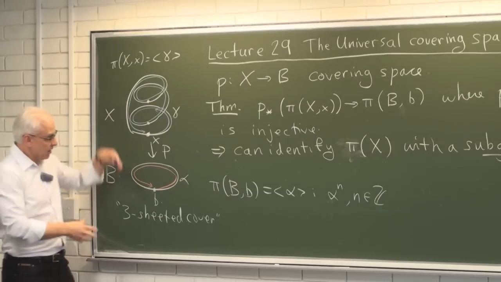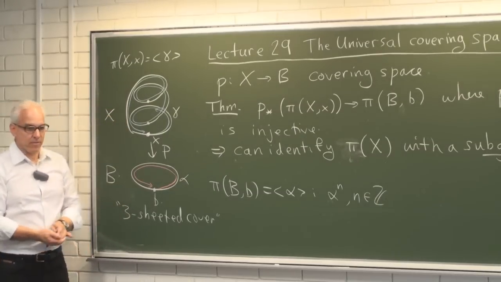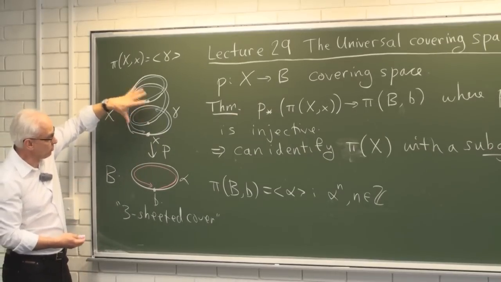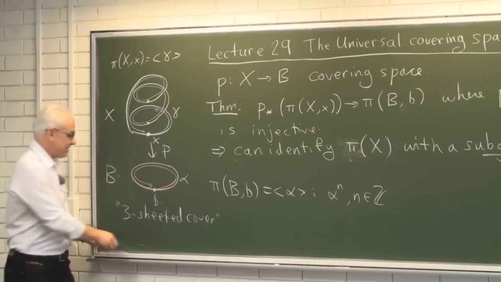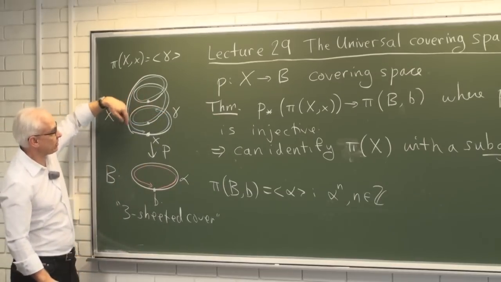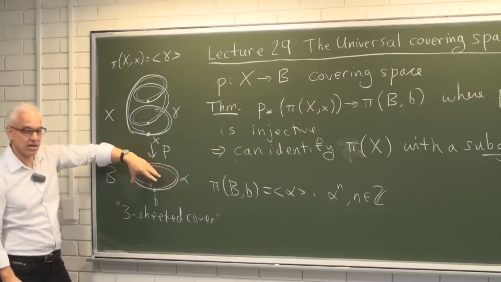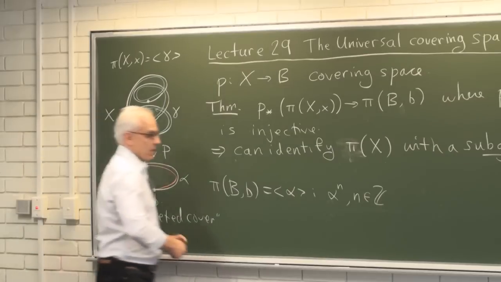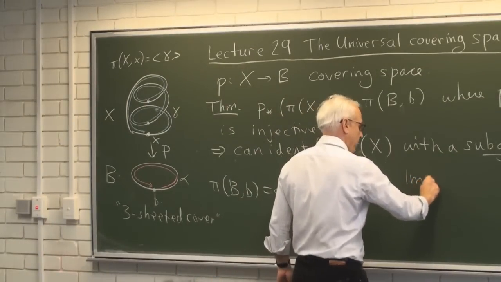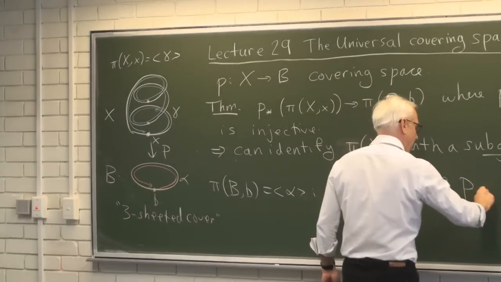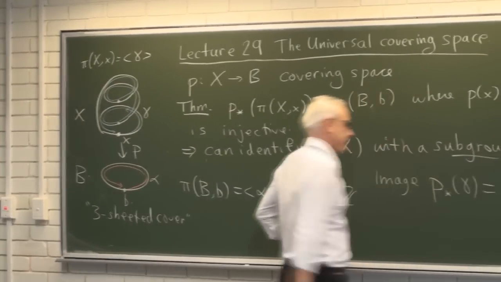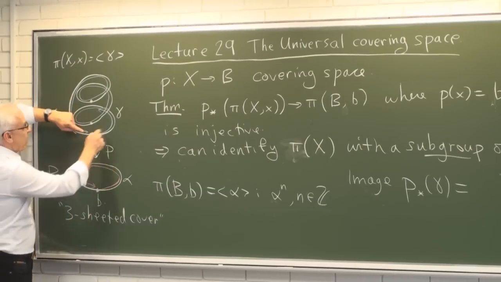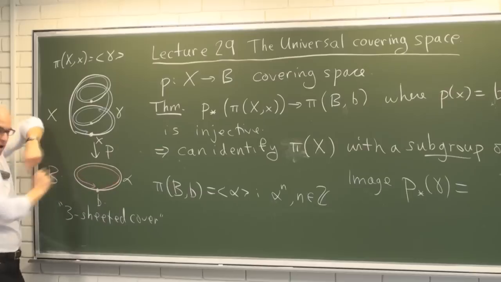All right, now let's look at this induced homomorphism. The map P induces a map from loops up here to loops down here. And what is the image of this fundamental loop gamma up here? What's the image under this induced homomorphism? So the image P star of gamma is, so how do we calculate that? Well, we look at what happens to gamma when we project down. Okay?